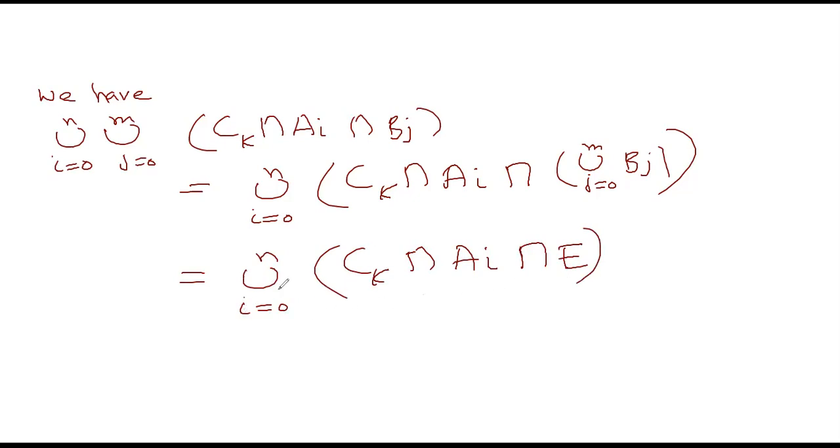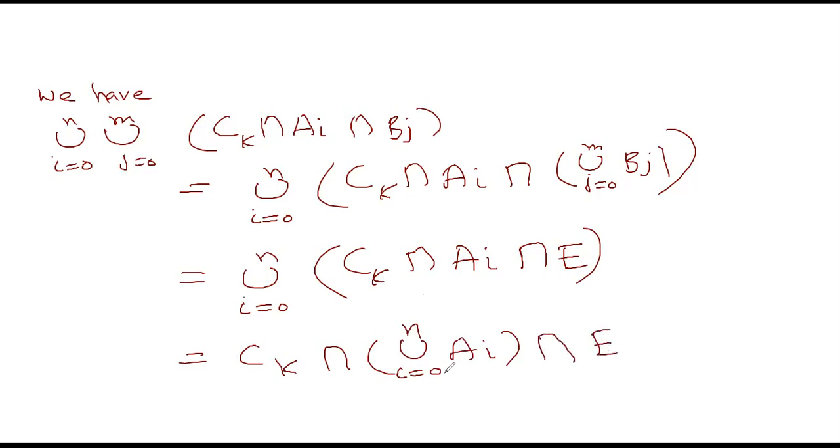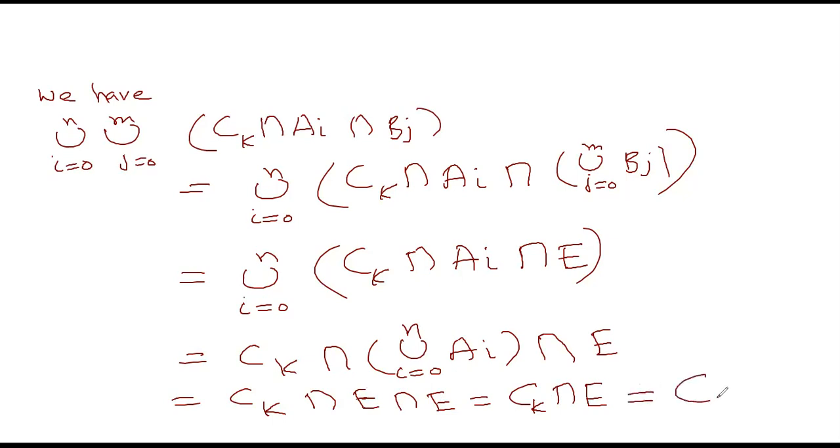The union of the Bj is equal to E. Now it's equal to Ck intersection the union i runs from 0 to n of Ai intersection E, and this is equal to Ck intersection E, that's this E here, and that's equal to Ck intersection E. But we know that the union of Ck is a subset of E. So that means each Ck is actually a subset of E, which implies that Ck intersection E is equal to Ck.